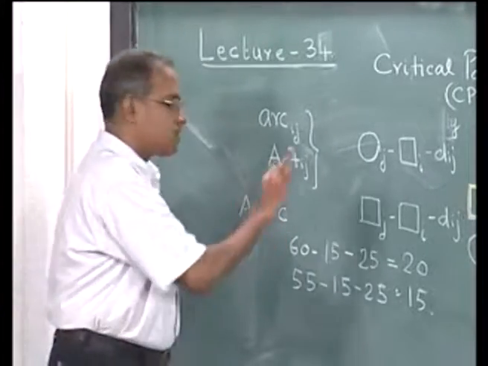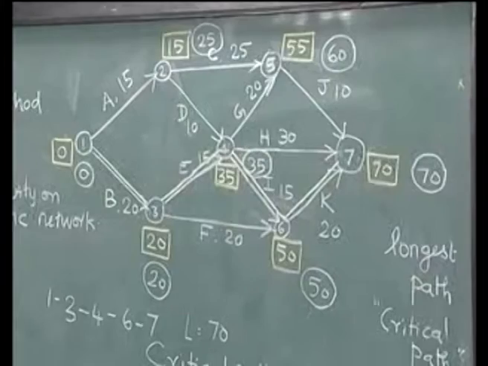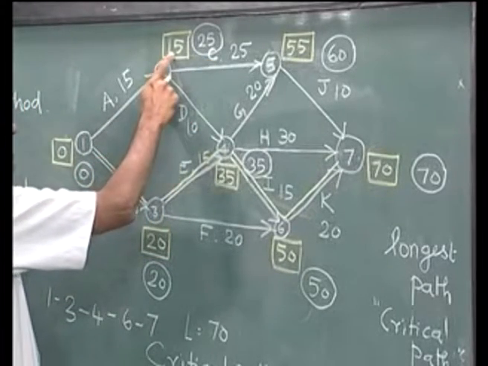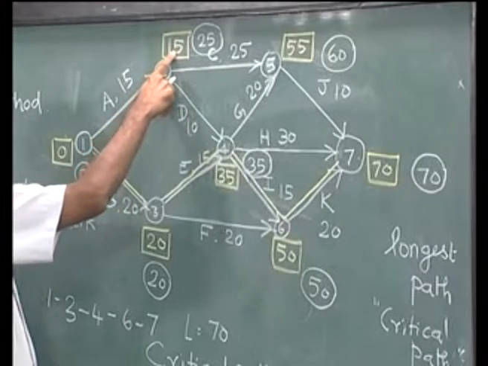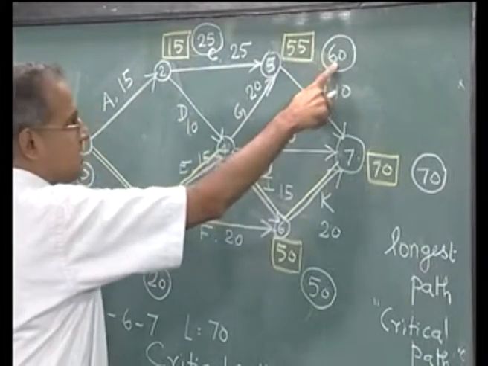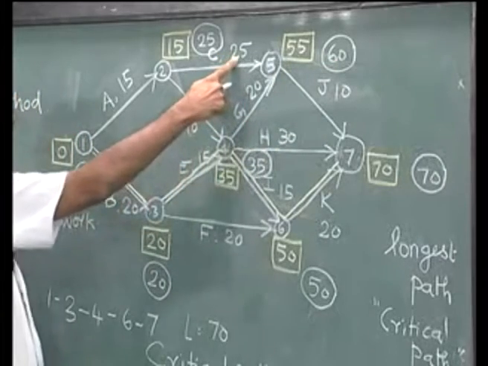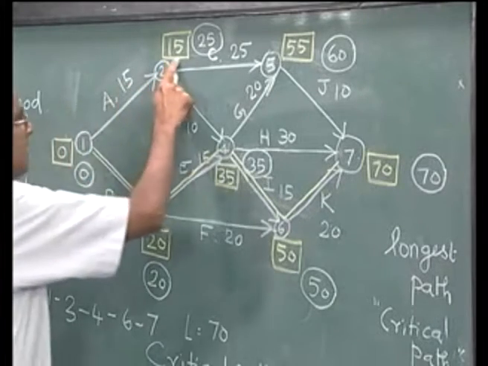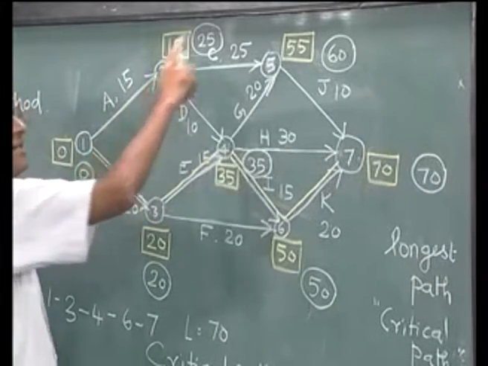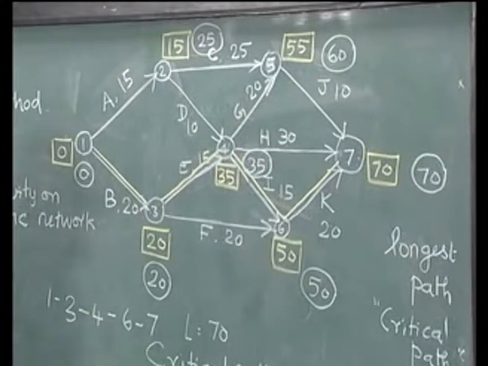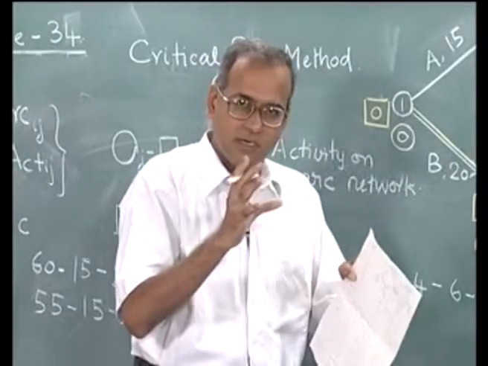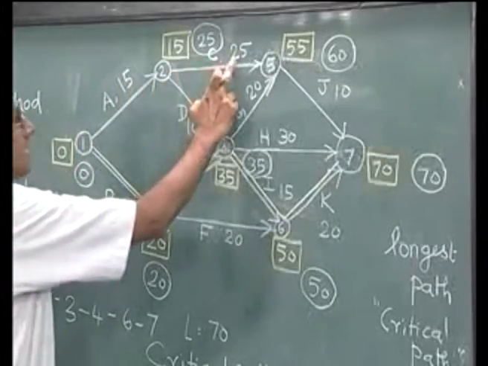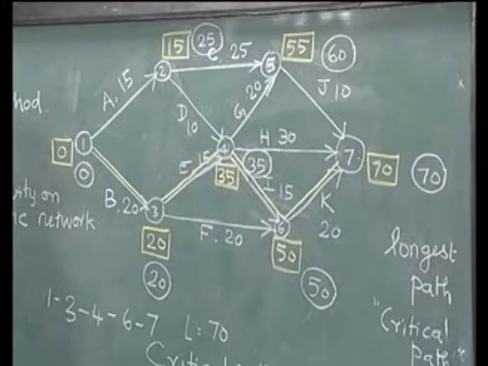Now, what do these two numbers tell us? If we look at this activity C, the earliest it can start is 15, the latest it can finish is 60, and its duration is 25. So, it cannot start before 15 and it should end by 60, which means there is a 45-unit period in which this activity, which takes 25 units, has to be completed.